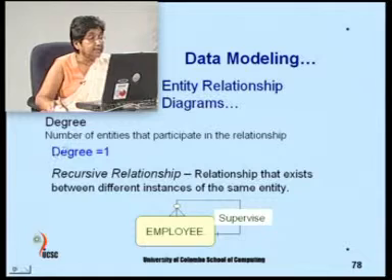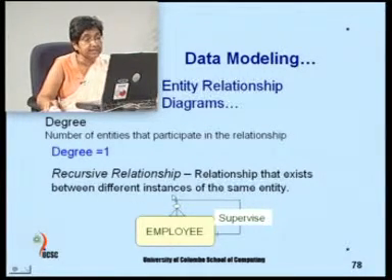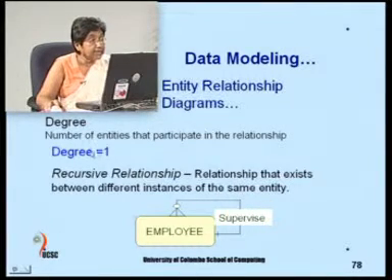Then the degree describes the number of entities that participate in the relationship. So the degree can be 1, or here we are showing a recursive relationship that exists between different instances of the same entity. So here in this case the degree is 1, because you can see this entity type called the employee.